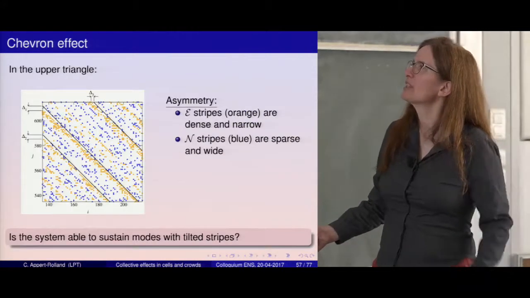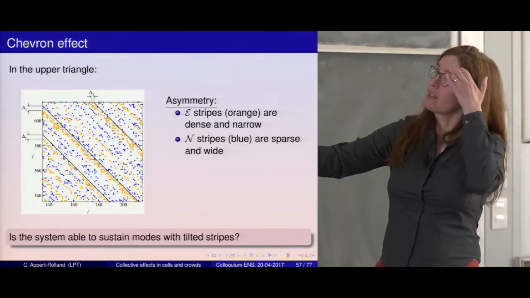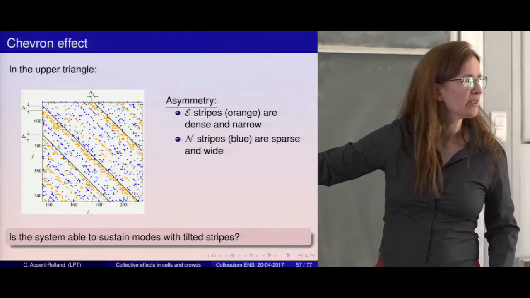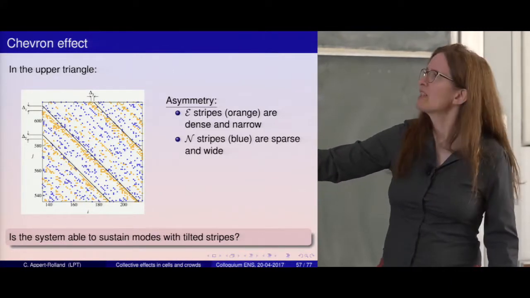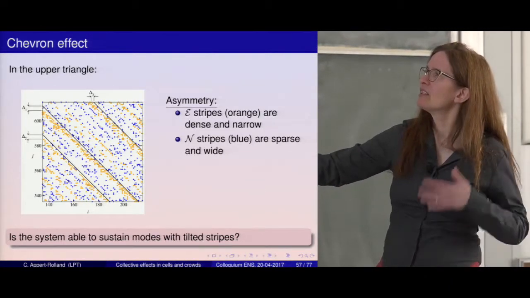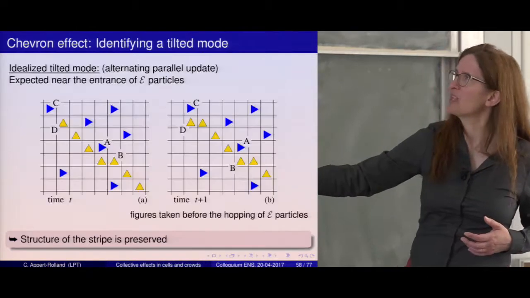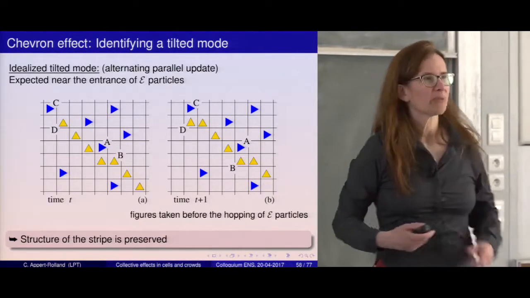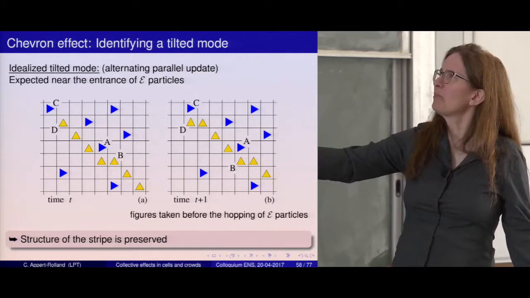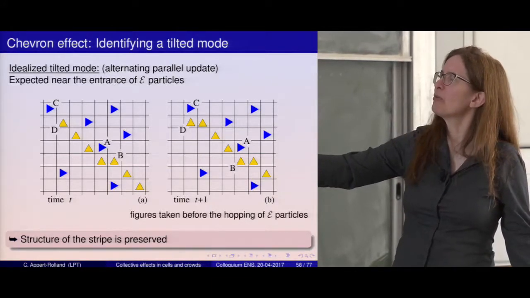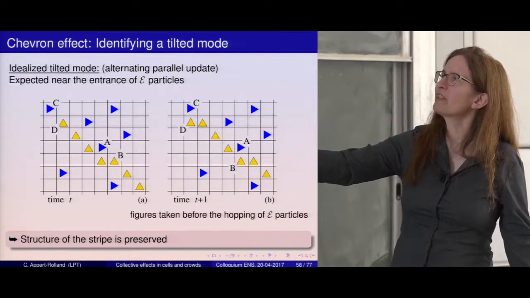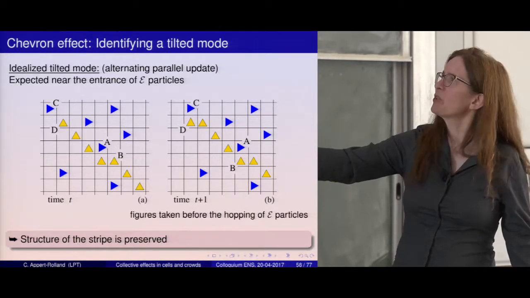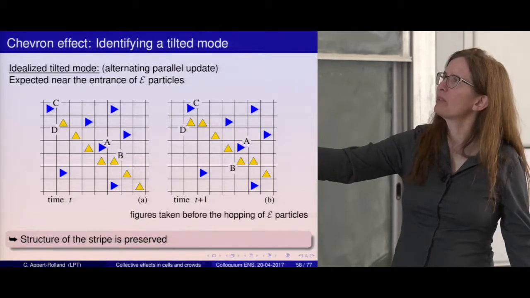Can we understand it? So as I said, there is an asymmetry in the way both species are organized. And this gave us the idea that this system can sustain modes with tilted stripes. So here is one example. The yellow, they form a diagonal, except here you have a kink, but it's associated with a blue particle.